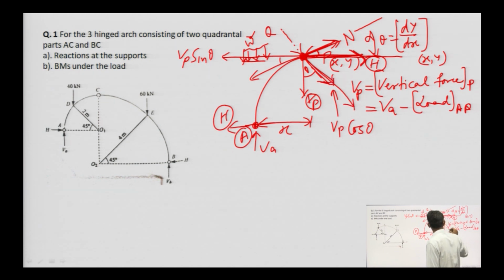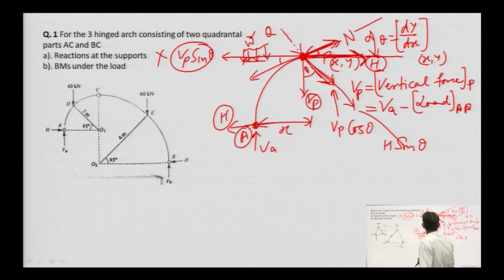Okay. So, what will be that value? Since this is theta, it will be H into sin theta. Okay, V p sin theta is not this one actually. This is V p sin theta, right. We made a mistake.